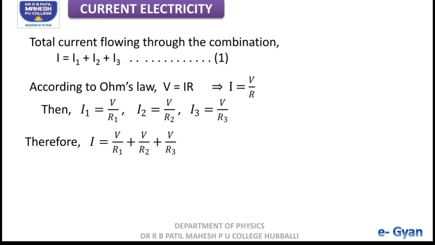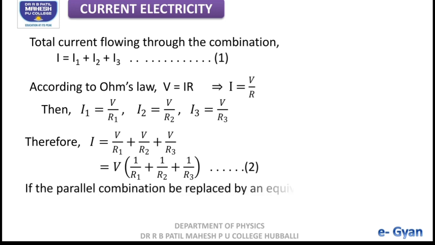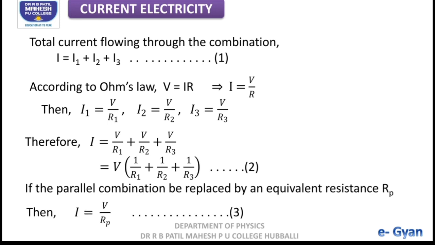Taking V as common, V of 1 by R1 plus 1 by R2 plus 1 by R3. Let this equation be 2.